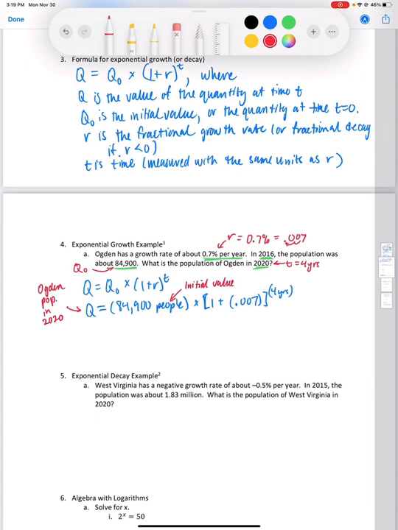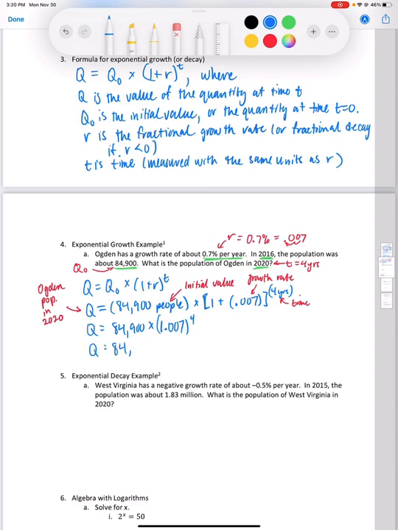Again, Q sub 0. Here's our growth rate. And here's the time. All right, moving on, we have Q is equal to 84,900 times 1.007 to the fourth power.